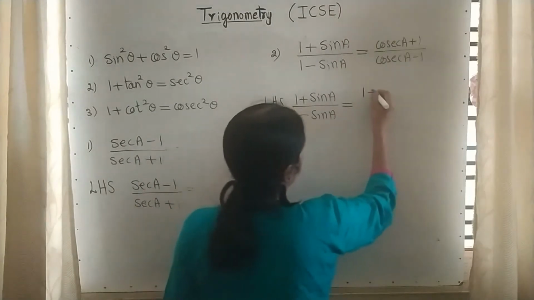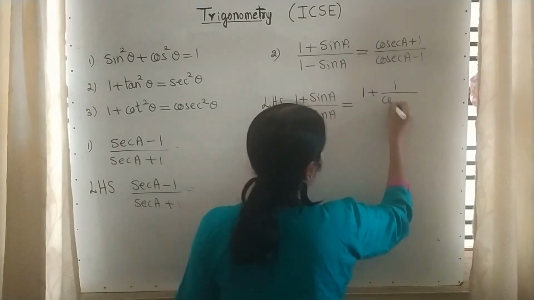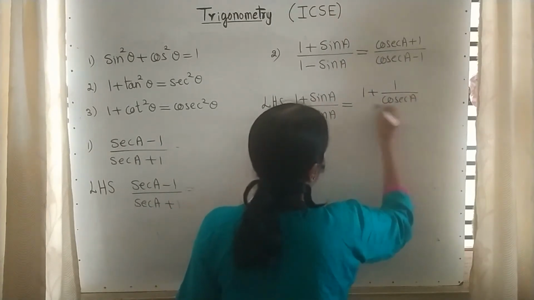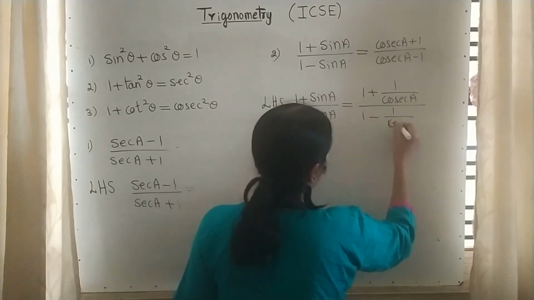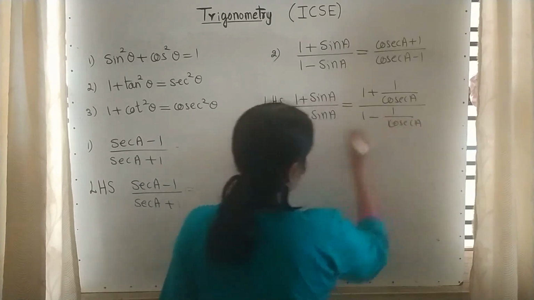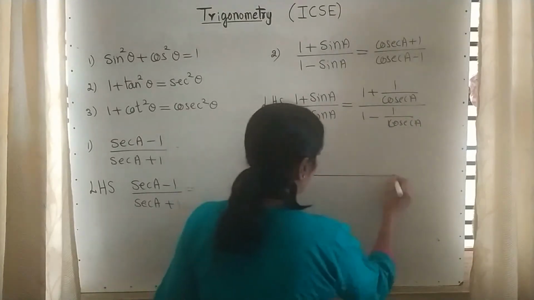Sin is what? Sin is 1 upon cosec. So 1 plus 1 upon cosecant A, upon 1 minus 1 upon cosecant A. Take the LCM for both numerator and denominator.